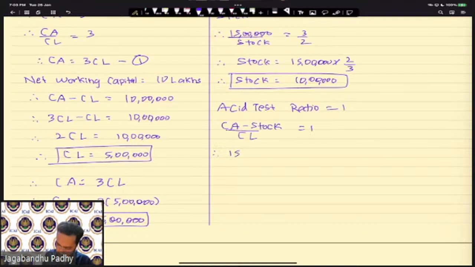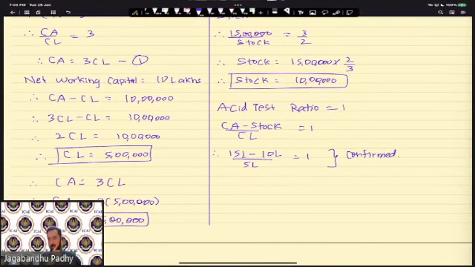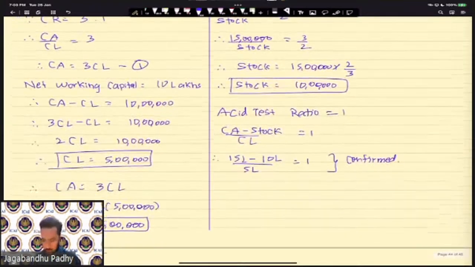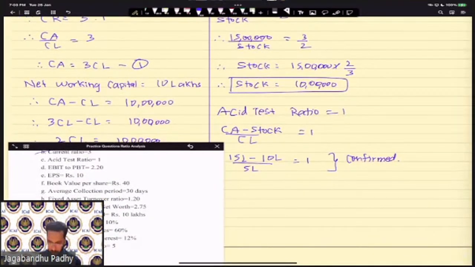Current asset of 15 lakh minus stock of 10 lakh upon current liability of 5 lakh is absolutely matching. So this is surely confirmed.